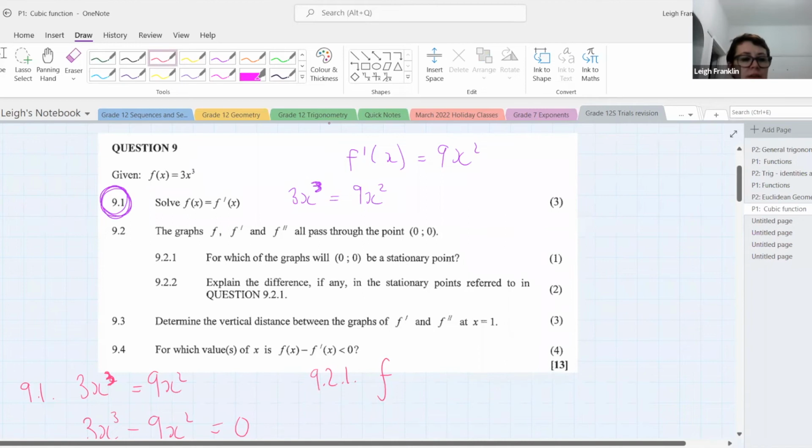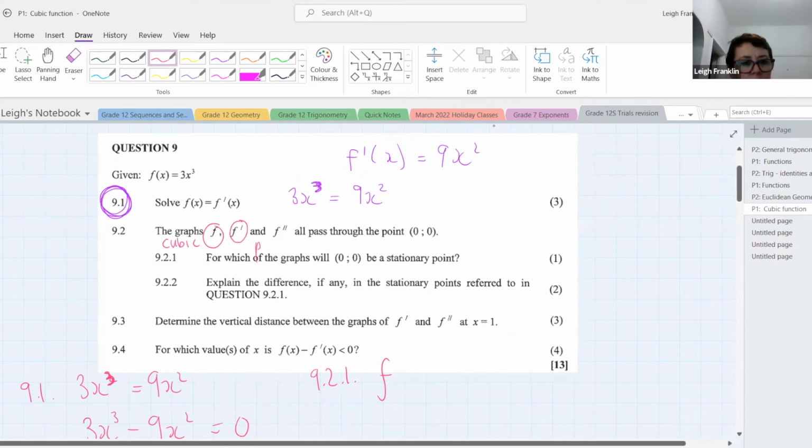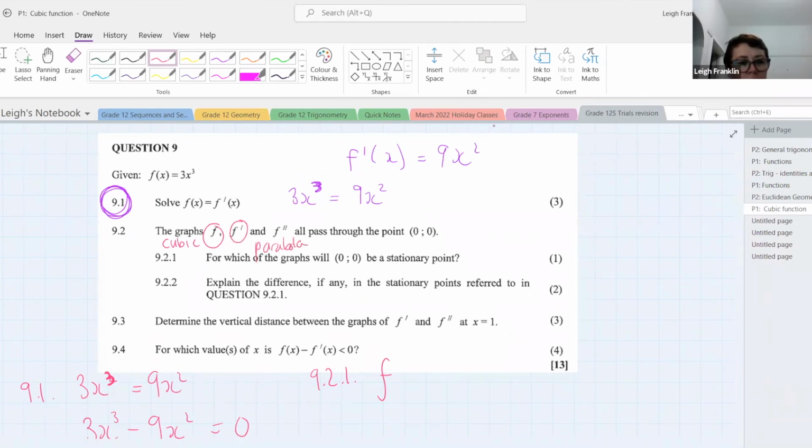What sort of graph is f prime? It's not an inverse, Mbongeni. f prime is a parabola, quite right. Good. What sort of graph is f double prime?